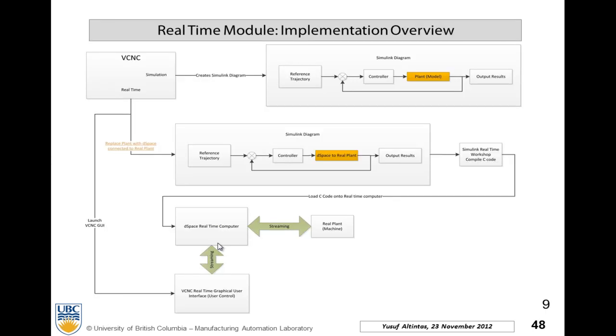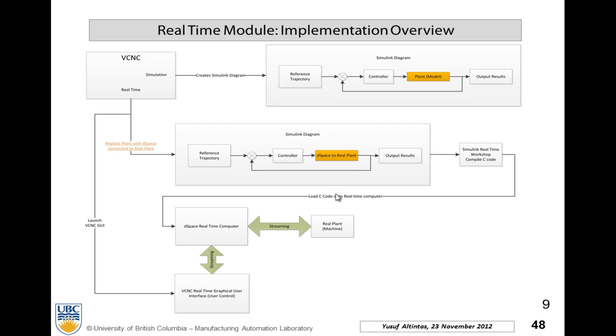As you saw, VirtualCNC basically creates a Simulink diagram with the plant model. When you go to run real time, VirtualCNC does two things. One, it takes the plant model and replaces it with the dSPACE real plant. It replaces it with the dSPACE encoder inputs and digital outputs to the actual system, the real system.